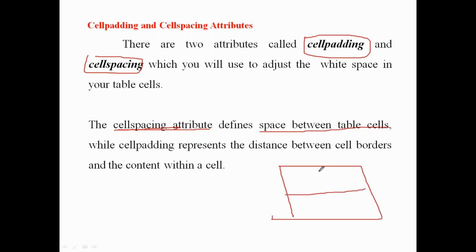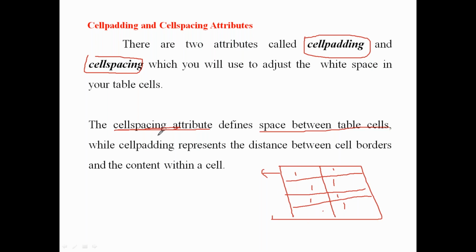There are four rows and two columns. This is the border of the table. These are the cells, 1 2 3 4 5 6 7 8. There are 8 cells present in this table.